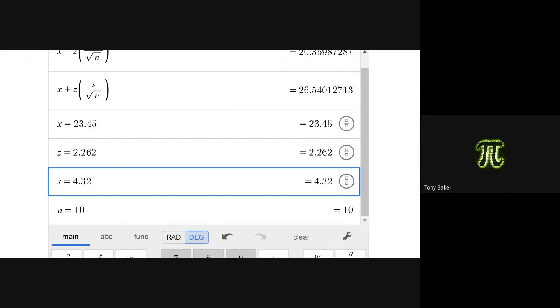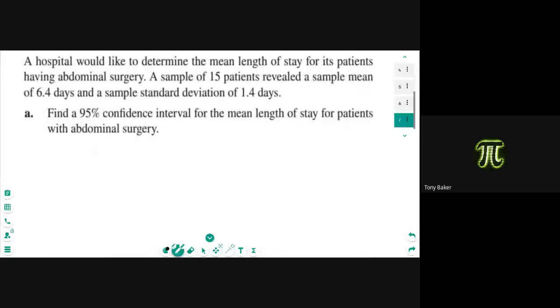Okay, what pieces did it give me? So my sample size is 15. And with my sample size, I can find my degrees of freedom, which we'll do in a minute. What else did it give me?